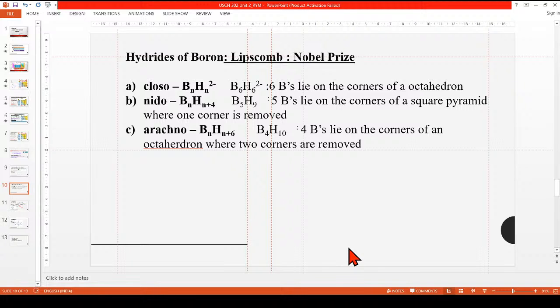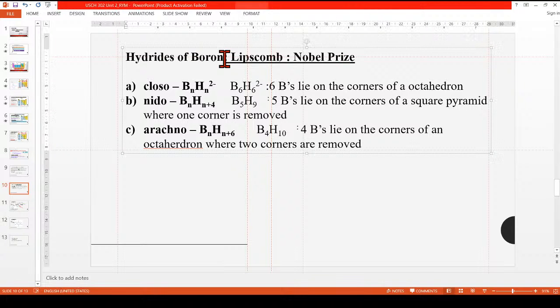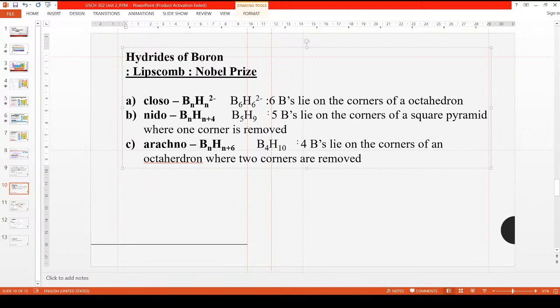So here boron hydrides are also called boranes, and there are three types.